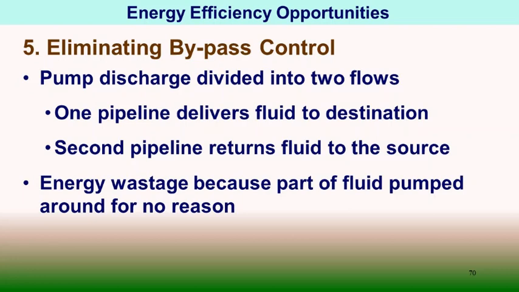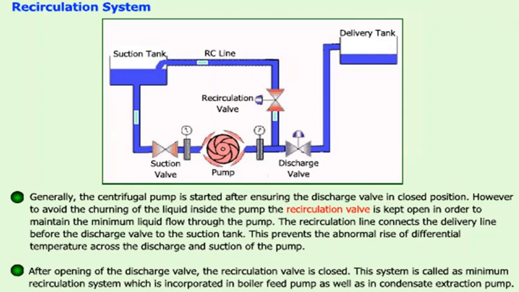Now recirculation lines are actually essential for large capacity pumps, particularly where we require a continuous liquid flow to prevent churning. When the discharge valve is closed, we keep the recirculation fully open so that continuous recirculation takes place and that establishes some flow.